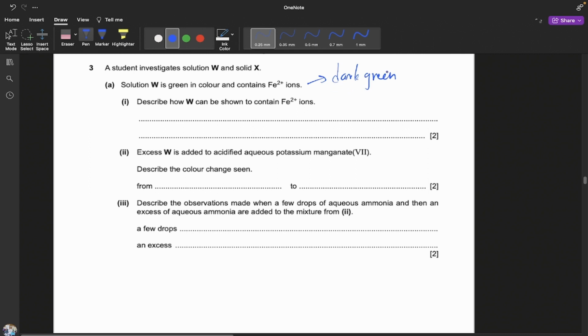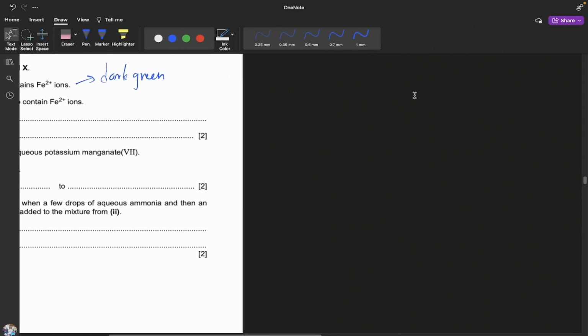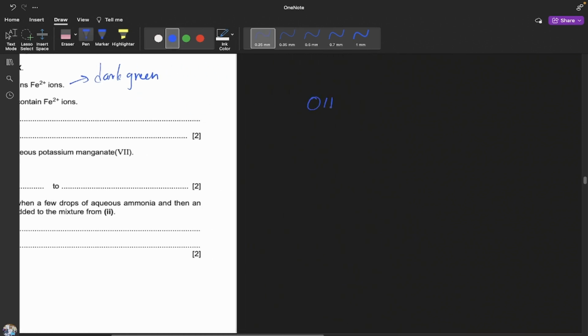As I said before, Fe2+ forms a dark green precipitate. If you add a base to the solution, the Fe2+ ion will react and form Fe(OH)2, a dark green precipitate.